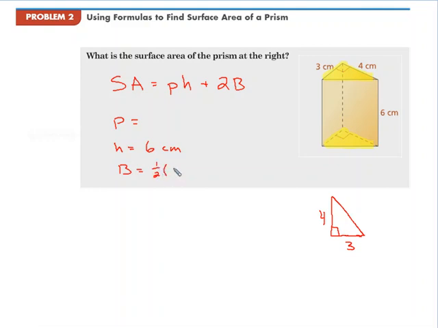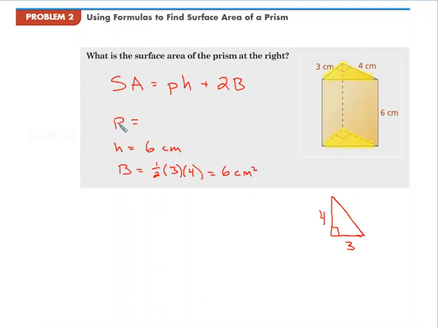Area of that triangle is 1/2 times 3 times 4. Okay, and if I actually work backwards there, 4 times 3 would be 12, and then 12 times 1/2 will just be 6. Okay, and that'll be square centimeters.